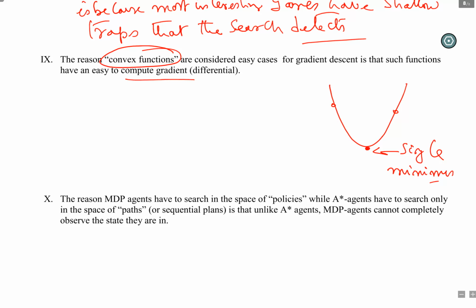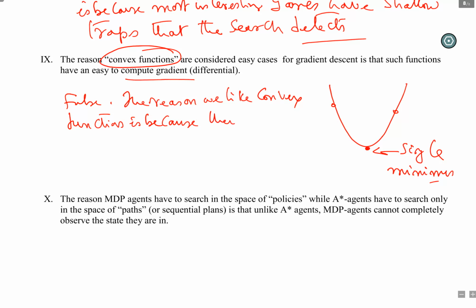Okay, so essentially the answer here is false. The reason we like convex functions is because they have no local minimum. I would probably say they have a single extremum, where extremum basically means minimum or maximum.